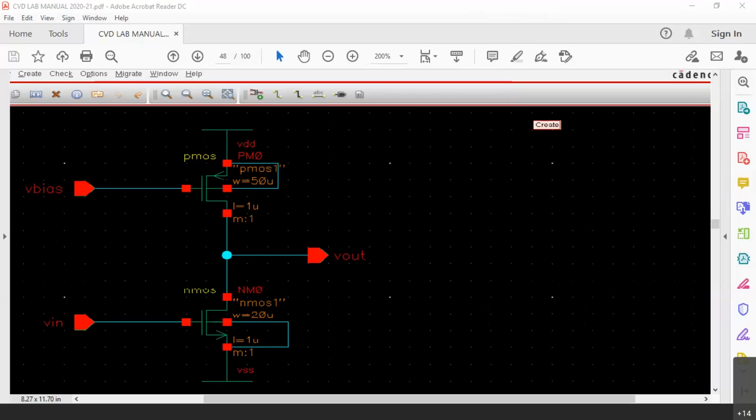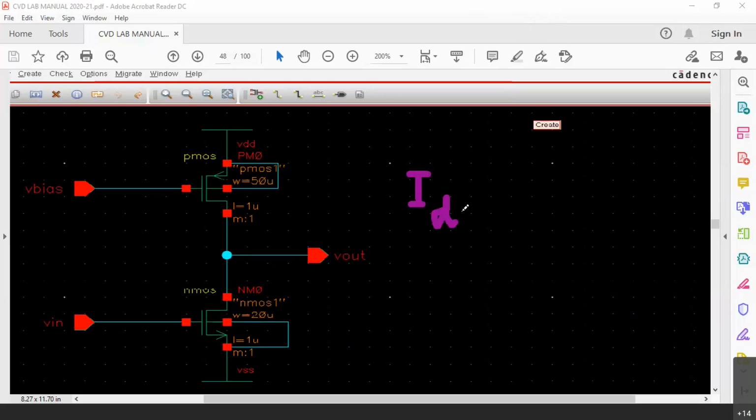You already know the equation, right? Equation for drain current. IDS equals, sorry, writing with the mouse is difficult this way.